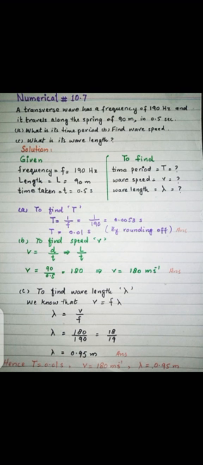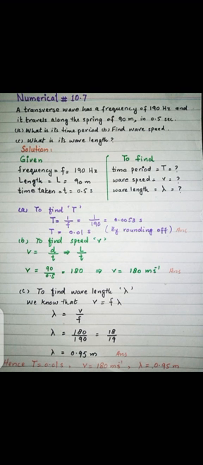Number 2. Now we are going to find out the wave speed V. We know that V equals d by t. Velocity equals displacement over time. Here d is equal to the total length of the spring.